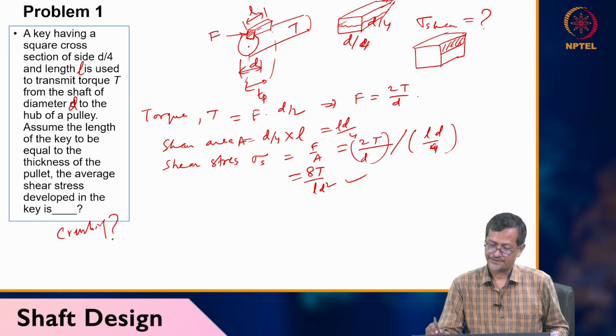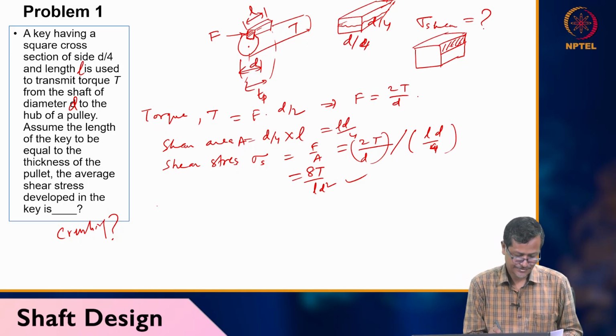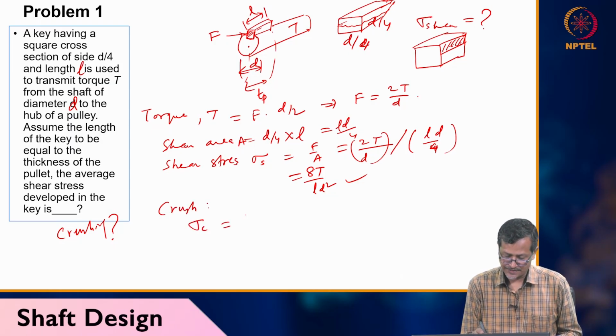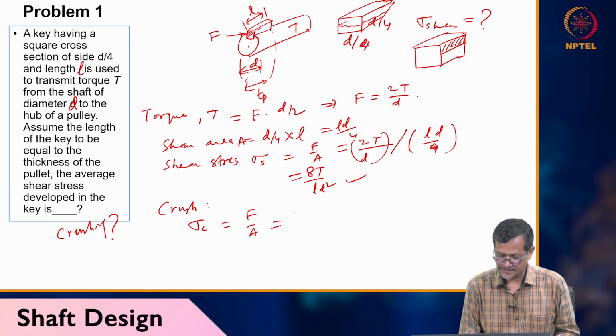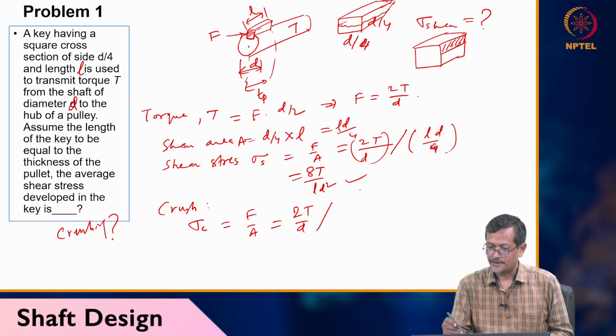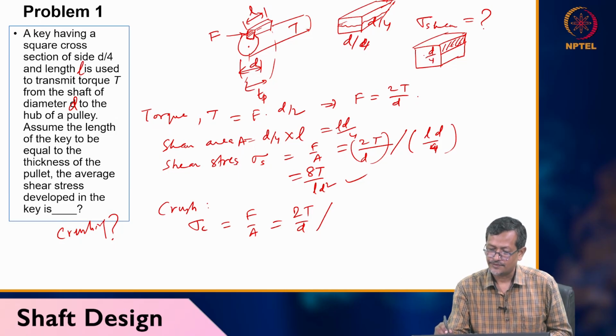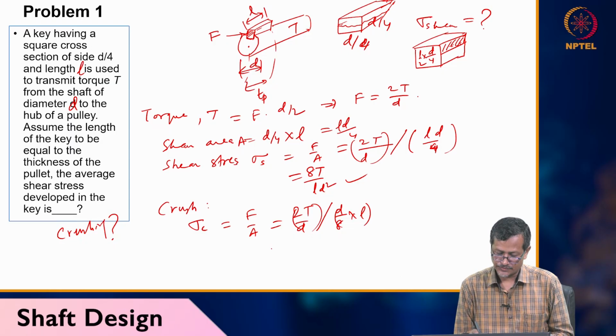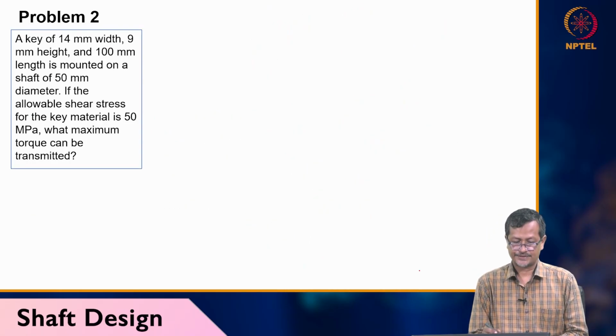So crushing stress sigma C equals force by area, the force again the same 2T by D. The area has changed: it is d by 4 into half, so d by 8 into L. So this gives 16T by Ld square.